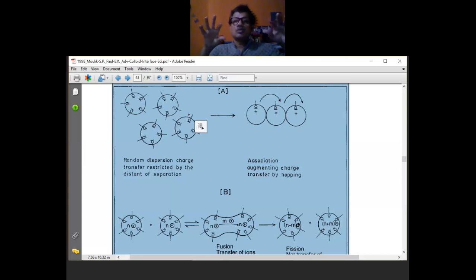Say 7 to 8 water molecules, 7 if I remember properly, I may be wrong. So 7 water molecules form a network, standing one after another. A hydrogen ion enters from one side and a hydrogen ion comes out from the other end. So without the movement of the water molecules, the proton can be transported. The charge can be carried. This is called the hopping mechanism.